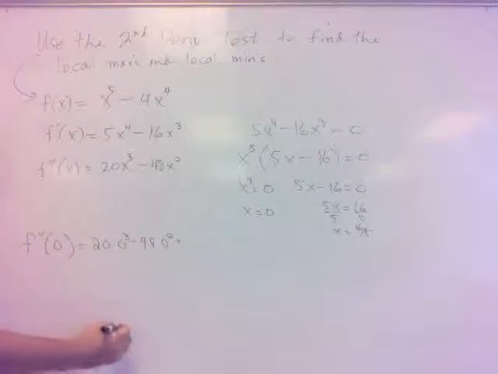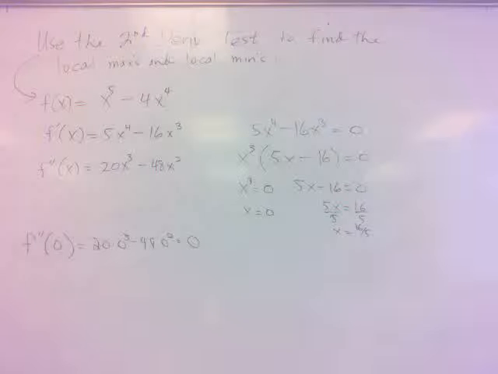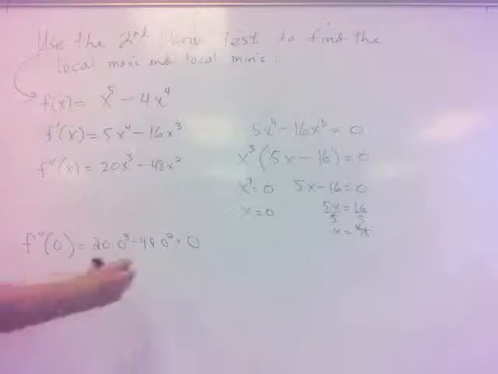What does that give you? That gives you 0. What does the second derivative test tell you if your second derivative is 0? It doesn't tell you a thing. However, that doesn't mean it's not a local max or a local min. It just gives no information.